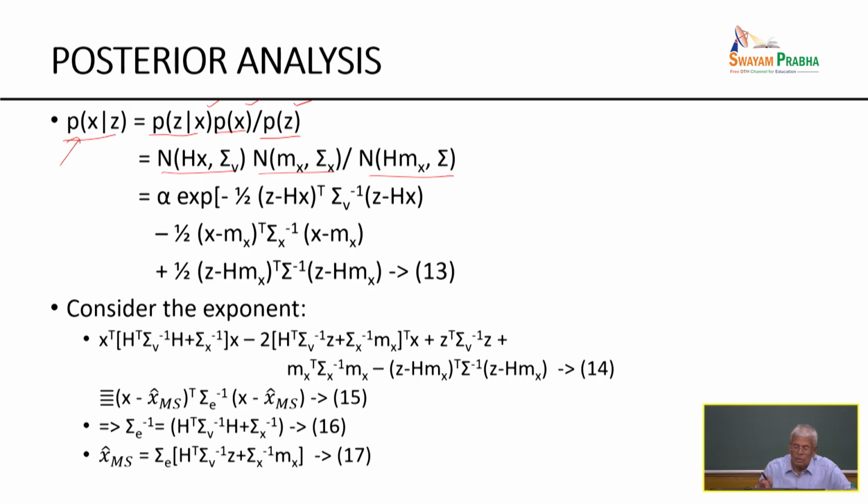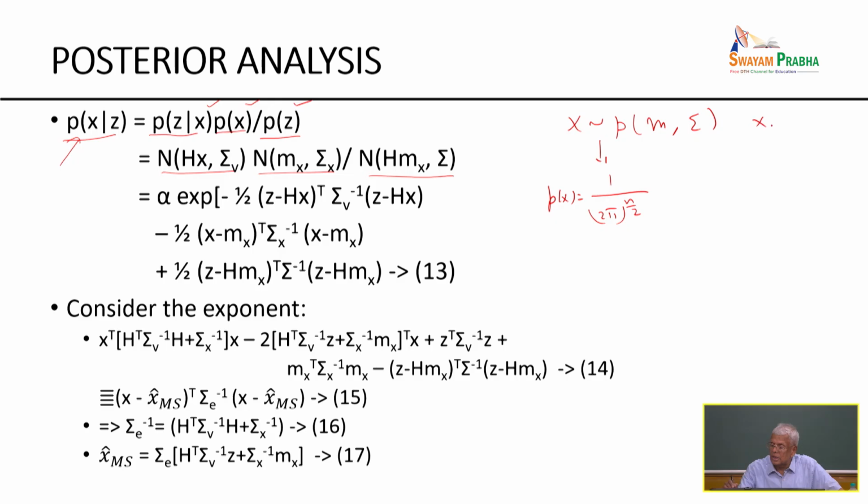Now we know the general form of the Gaussian density. For example, you should remember that if x is a normal random variable with mean m and variance sigma, its distribution is given by p of x, the functional form, 2 pi to the power n by 2.